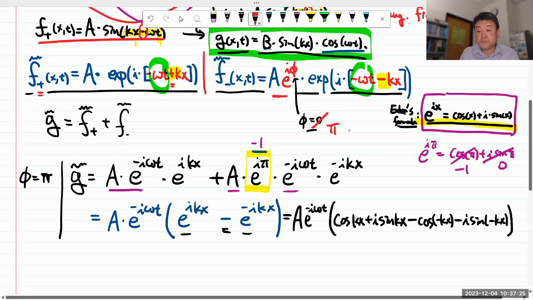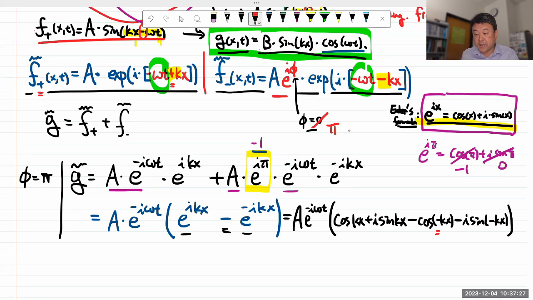Let me simplify these minus signs again using the property of cosine and sine, even and odd functions. So this minus sign just goes away, doesn't do anything. This minus sign gets pulled out and turns this minus into plus. So I think I have different functions canceling out this time. So cosine kx, still the same term, but this time with a minus sign.